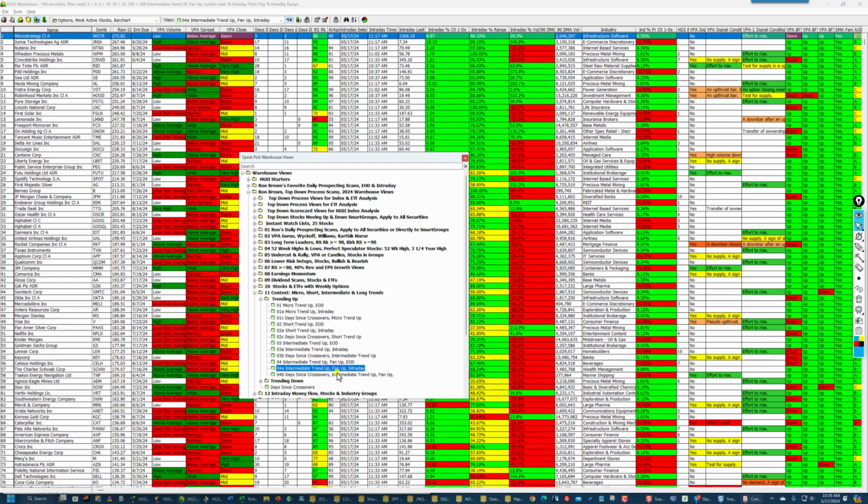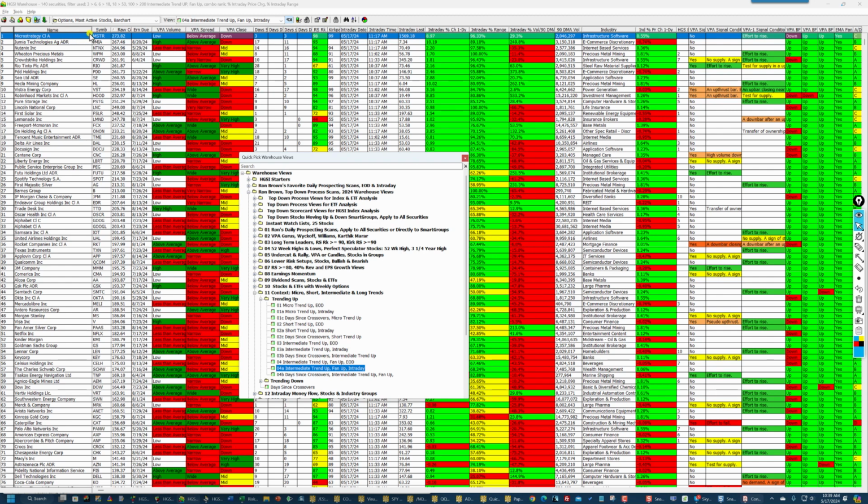Intermediate trend, fans up. Intermediate trend means that all three of the moving averages have been surpassed, the 3 and the 6, the 6 and the 18, and the 18 and 50, plus the fan is up.